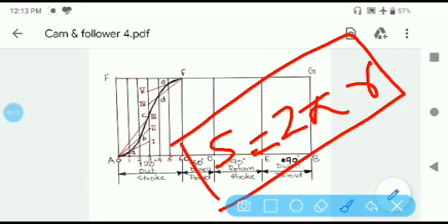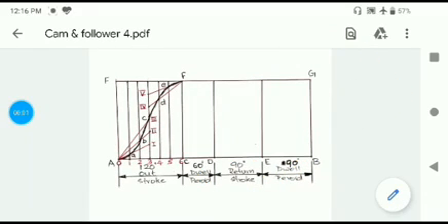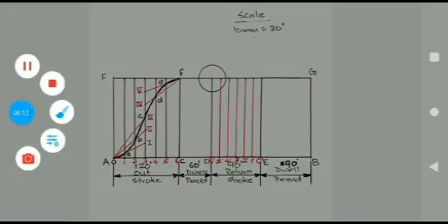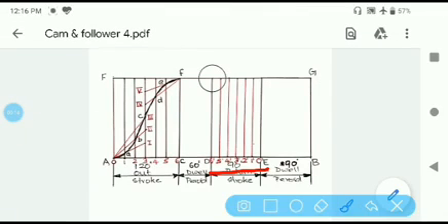Now to draw the displacement diagram of the return stroke, which is based on cycloidal motion, like we have done in the outstroke region, we have to divide the return stroke region into 6 equal parts, and from each divisional point, we need to draw vertical lines. You can label each division like I had divided here.